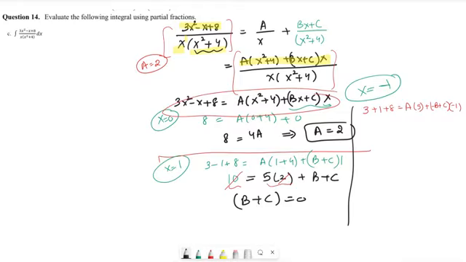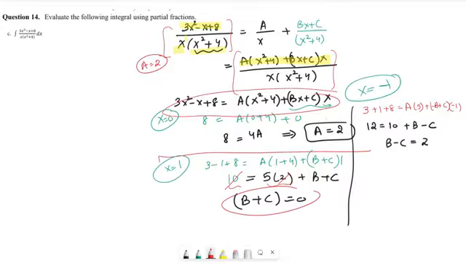What do we have? 3 plus 1 plus 8 is 12. We know A is 2, so 2 times 5 is 10. And this will be plus b minus c. Therefore, b minus c, subtracting 10 on both sides, is equal to 2.